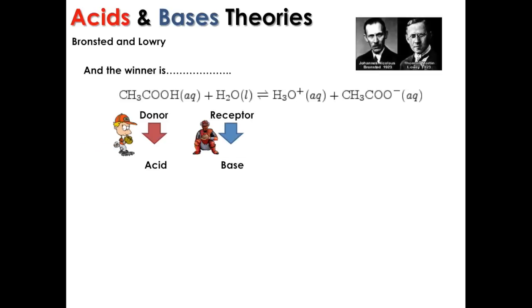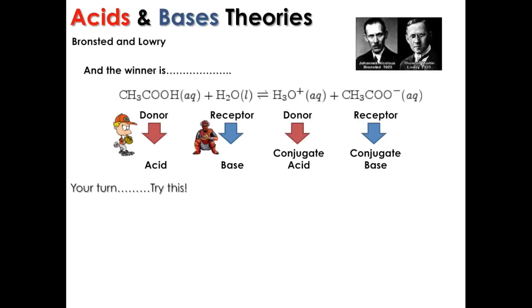In the product side, you can see hydronium and acetate. Which one do you think will be the donor, and which one will be the receptor? Yes, the donor will be hydronium and acetate the receptor. So, hydronium will be the conjugate acid and acetate the conjugate base.